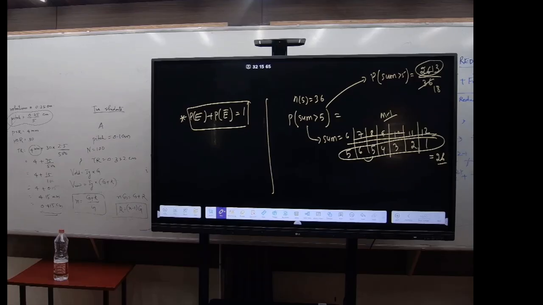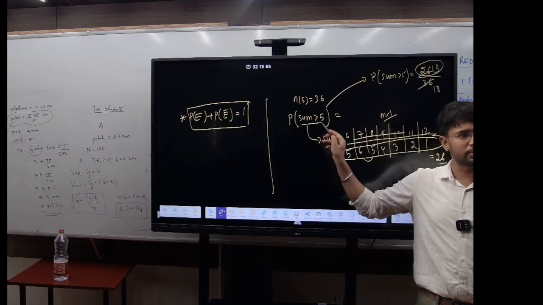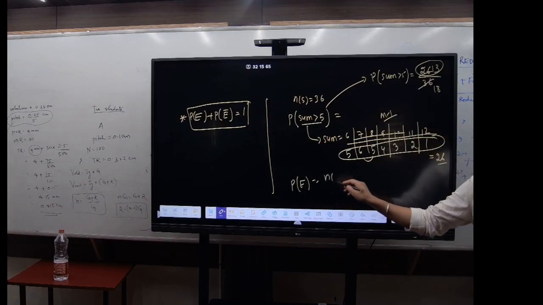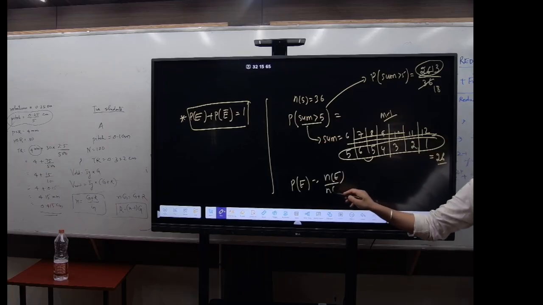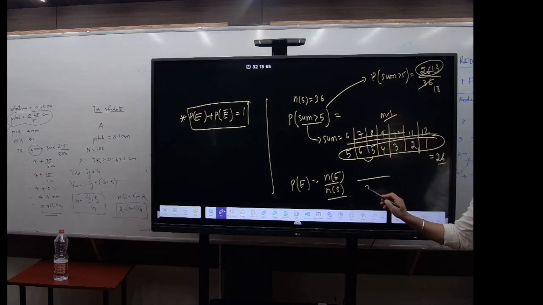What's your doubt? See, what do we have to find? The probability that the sum should be greater than 5. We know the probability formula is the number of favorable cases divided by the sample space. How would I find the sample space? When 2 dice are rolled, the sample space is going to be 36.